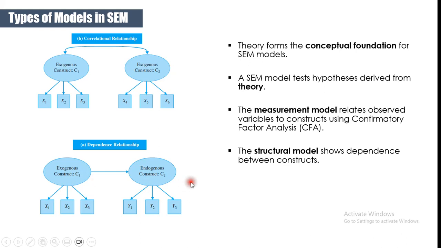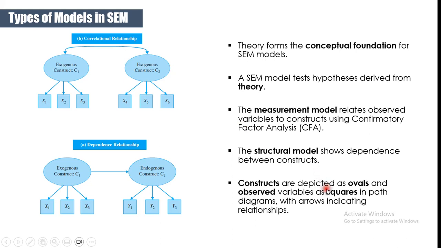So here we are interested to see the relationship or the influence of the exogenous construct on the endogenous construct. In the measurement model, we are interested to see the relationship between the items and the construct. The constructs are depicted as oval shaped, as already discussed, and the observed variables are square or rectangle in the path diagram, while the arrows indicate the relationships.